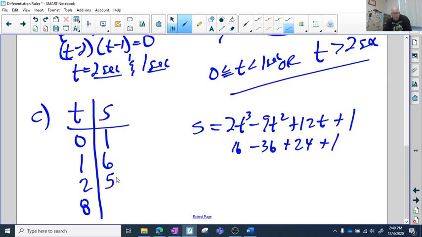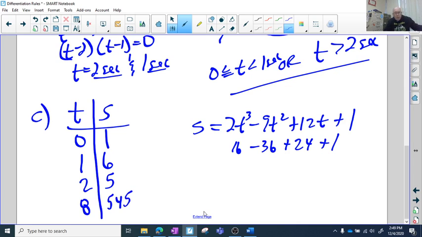And then at 8, I'm going to grab my calculator for this one. So it's 2 times 8 to the power of 3 minus 9 times 8 to the power of 2 plus 12 times 8 plus 1. And that puts me at position 545.